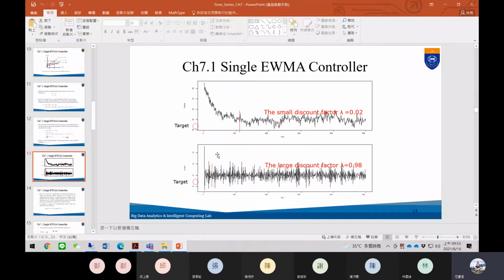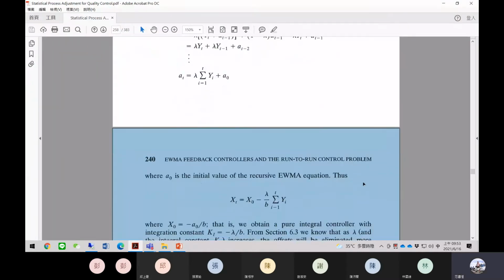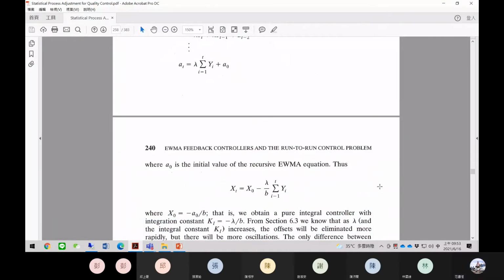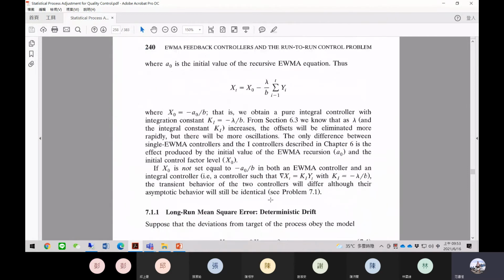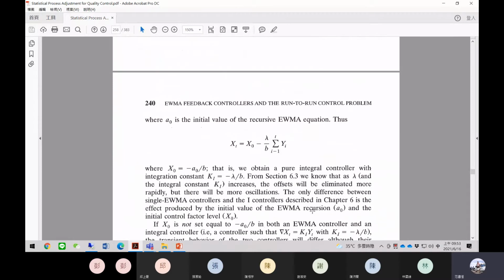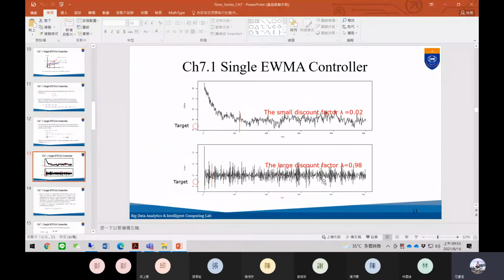Okay, then this is the illustration. Let me keep reading through this. Then we have the long run and mean square error and so on and so forth. So let me take a look at the illustration first. This is a small discount factor, when lambda is only 0.02, very small.